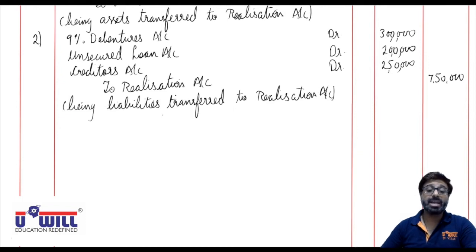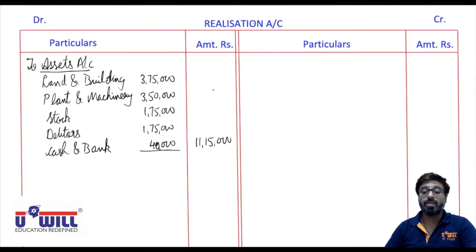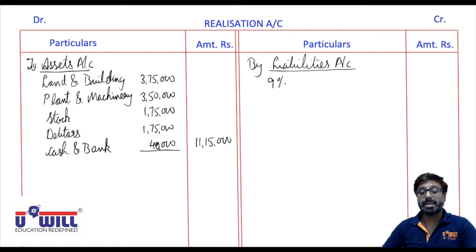Now posting to realization. So in the realization account, we will write on the credit side by liabilities account. In that, 9% debentures 3 lakhs.